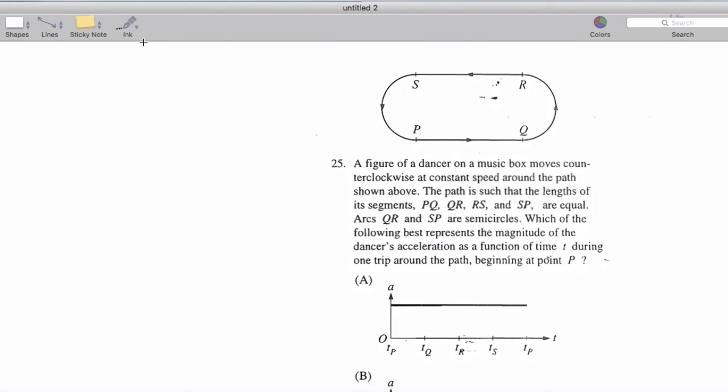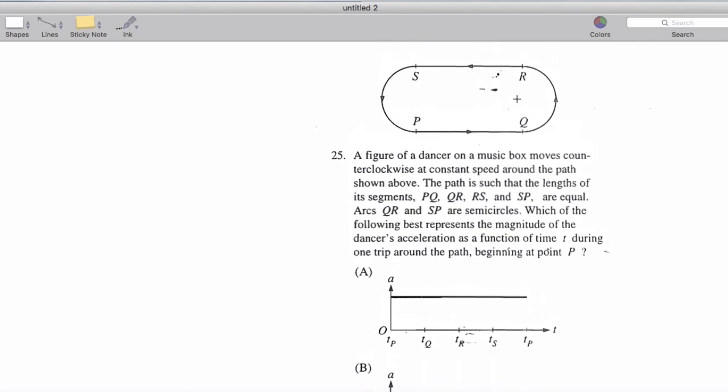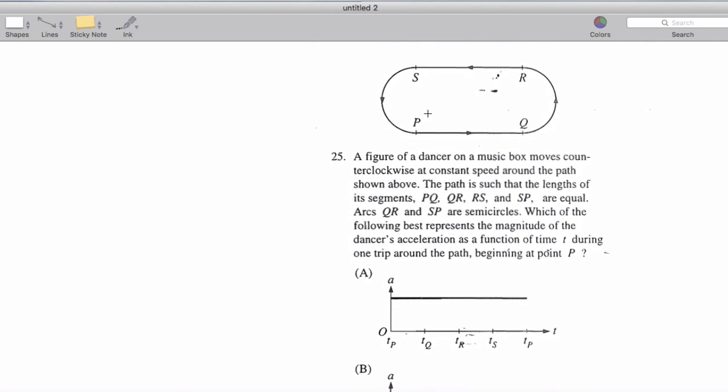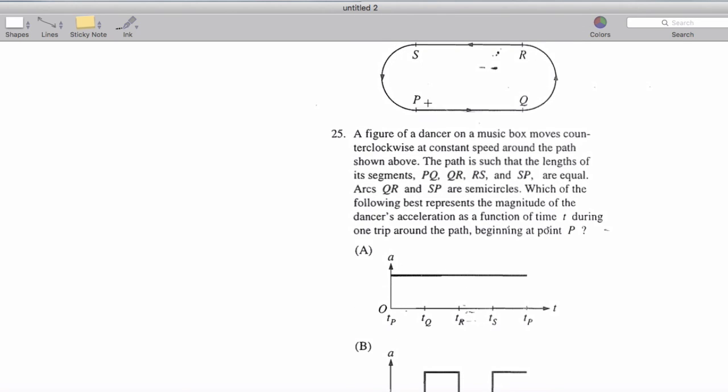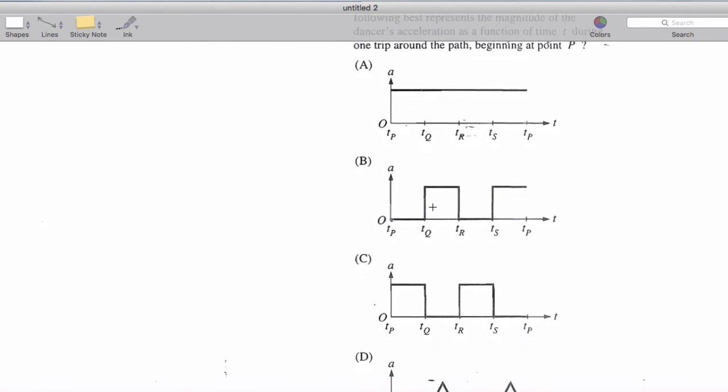Here we're going around a circular path on the ends, constant speed the whole time. So what that means is if we are starting at P and going to Q, we have no acceleration, acceleration here, no acceleration, and acceleration here as we go in circles. So we kind of need a graph where we've got 0 acceleration, and some acceleration, 0 acceleration, and then some acceleration.